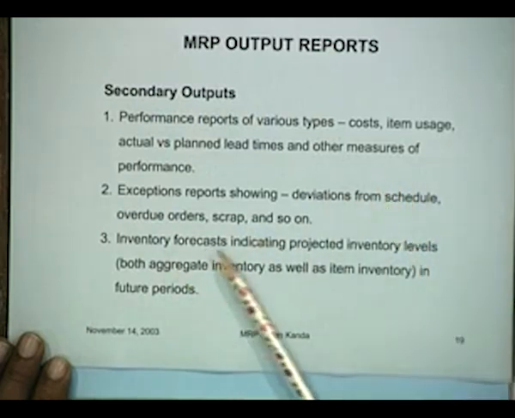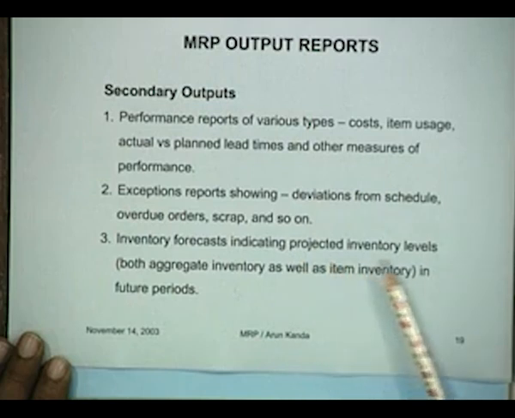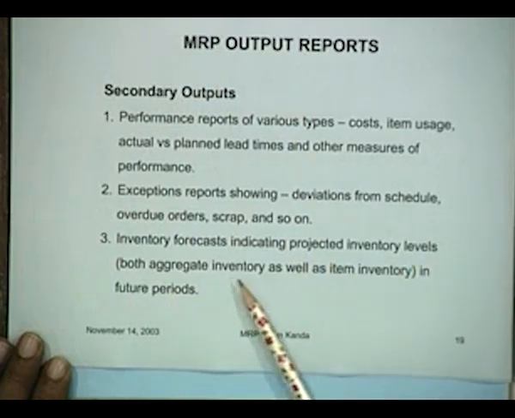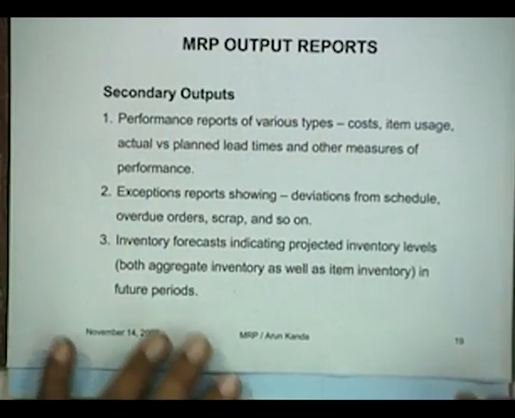Inventory forecasts indicating projected inventory levels, both aggregate inventory as well as item inventory in future periods, these could be made available to you. So depending upon the need, you can generate a large number of secondary outputs from the system that you have.